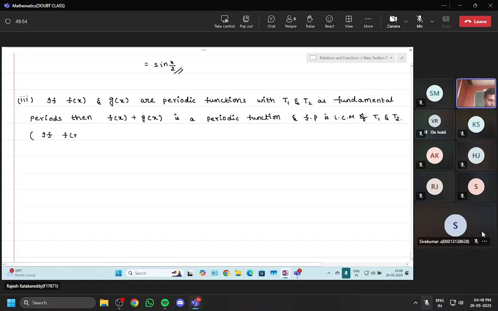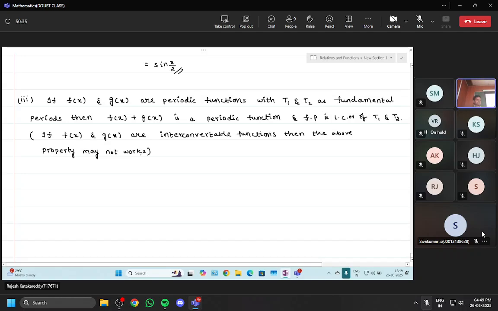This point is not valid if the functions are interconvertible functions. If f of x and g of x are interconvertible functions like sin x, cos x, then the above property may not work.